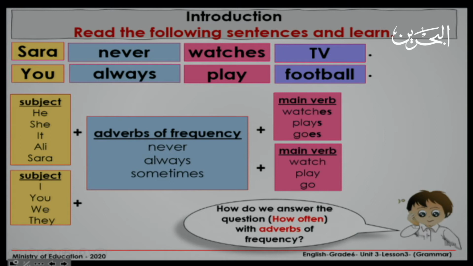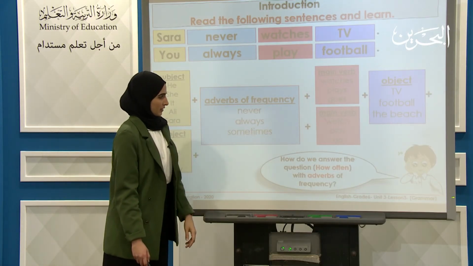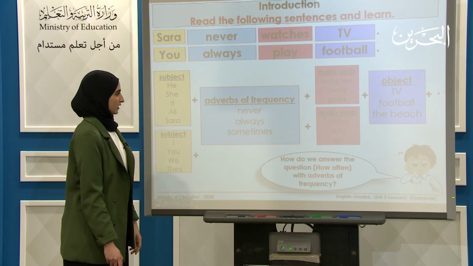As you can see, with he, she, it, one boy and one girl, you have to add s to the verb. And for I, you, we, they, or two names or two persons, you don't add s to the verb. Plus the object like TV, football, the beach, and finally the full stop.